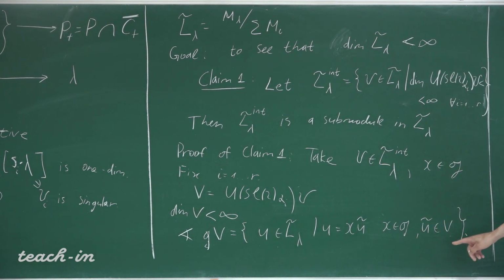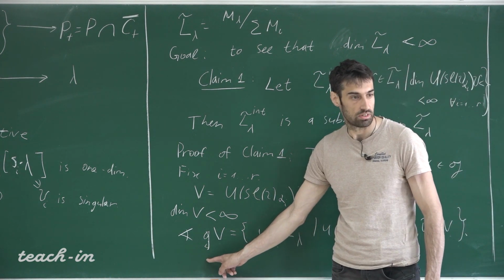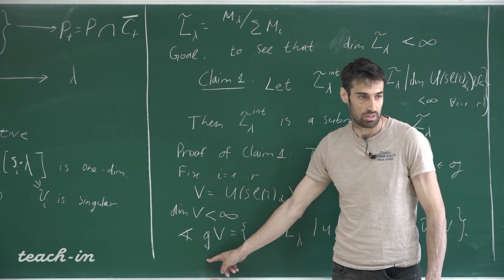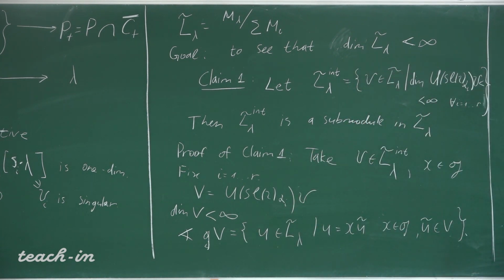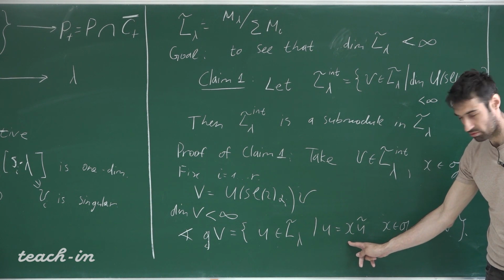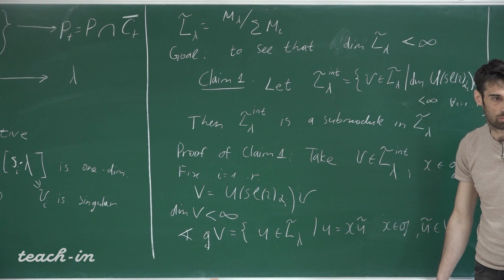But this is also finite dimensional, because V is finite dimensional and G is finite dimensional. It's just our semi-simple Lie algebra. Of course, this thing is just spanned by an element of a basis from here, X, on an element of a basis from here. There are a finite number of such elements.